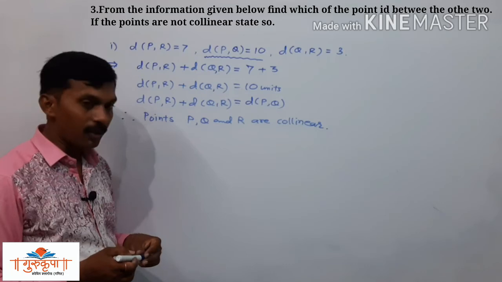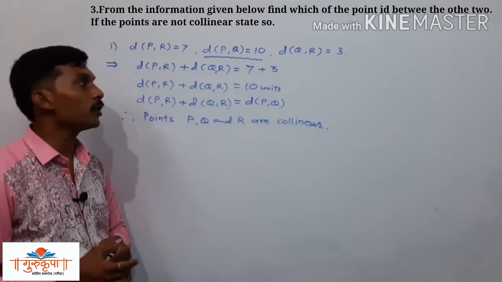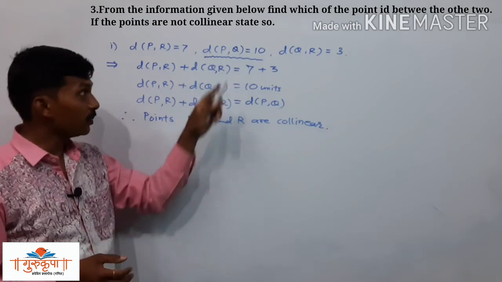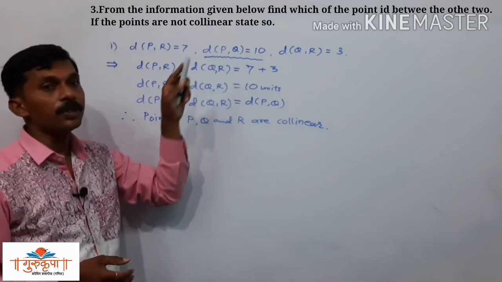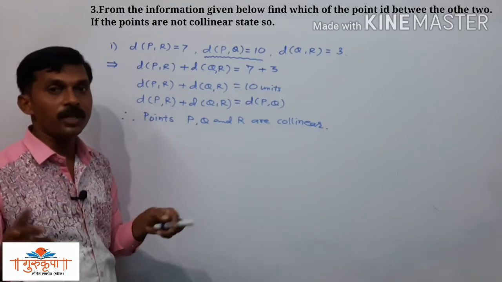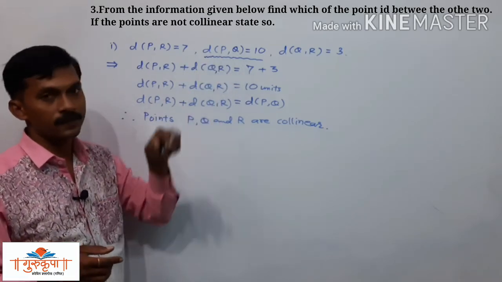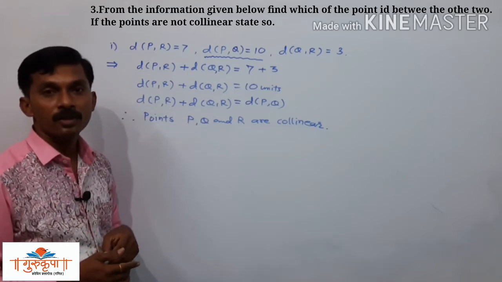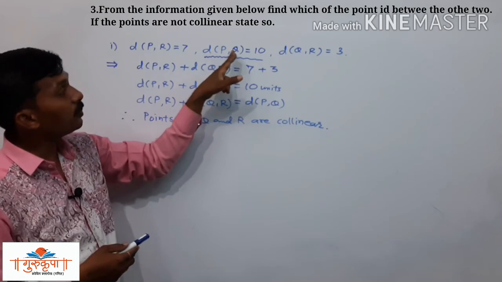Now we have to write which point lies between the other two. Here the biggest distance is PQ, since P and Q are the extreme points, or you can say the end points of that segment. So which point lies between P and Q?